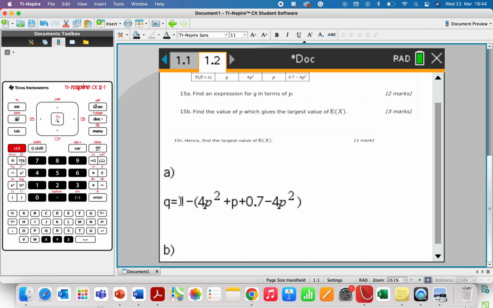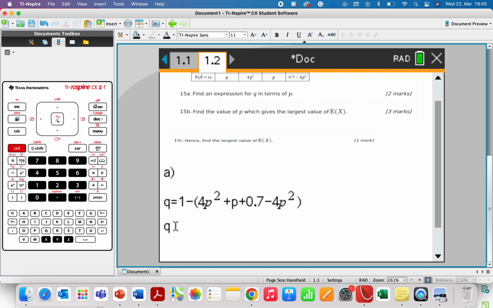Now you can expand that and tidy it up, but no real need to, but we can find it, because if I take this a little bit further, I can just say, well, look, Q here, inside the brackets you've got 4p squared, but then you're subtracting 4p squared. Right, so that just cancels each other out. And then in brackets, you've got p plus 0.7.